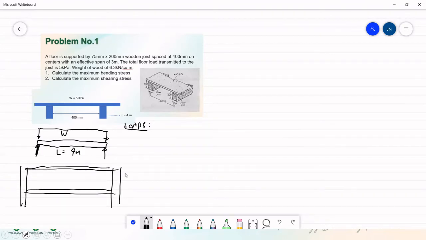The spacing is 400. And this is the span of 4 meters.